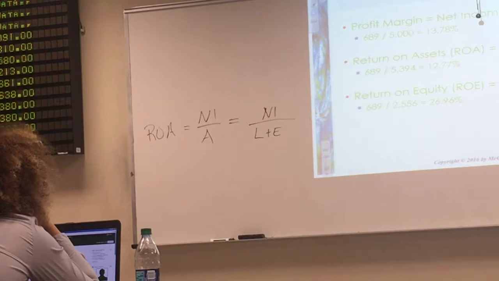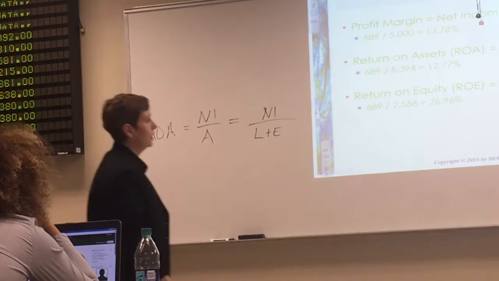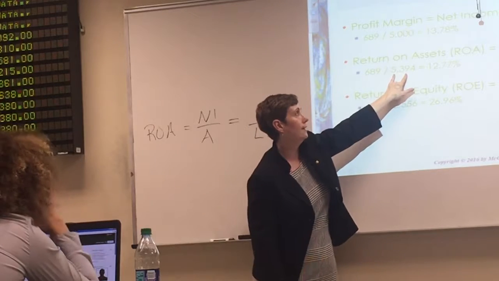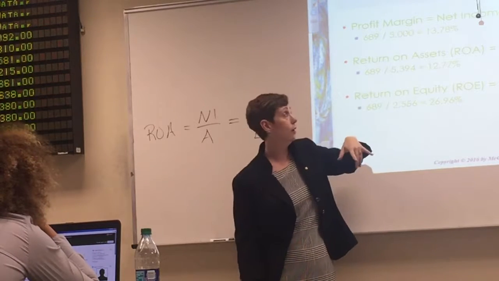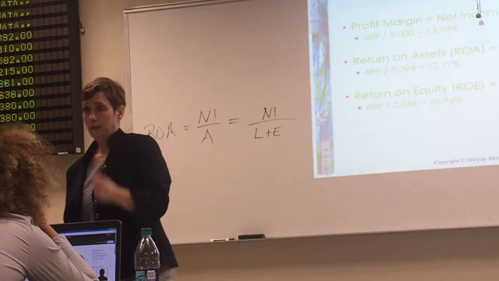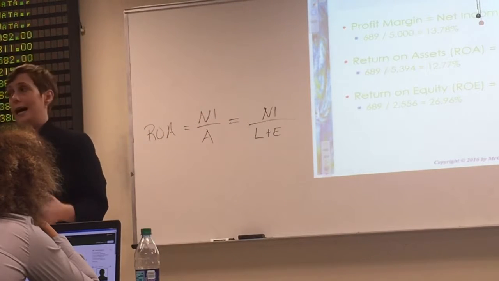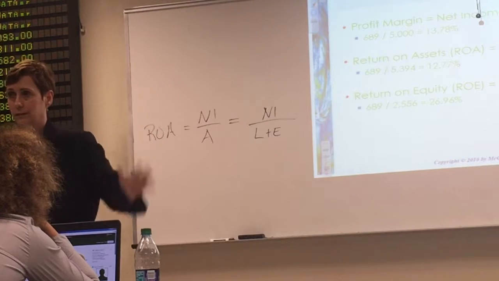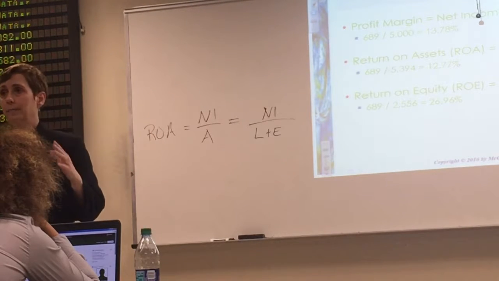So our return on assets, as you can see, net income over total assets is the easiest way to compute that. Net income on our income statement was $689. Our total assets are $53.94. We find a number of 12.77. There is no number too high. The higher the better.